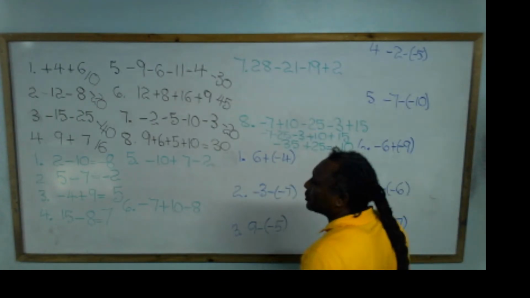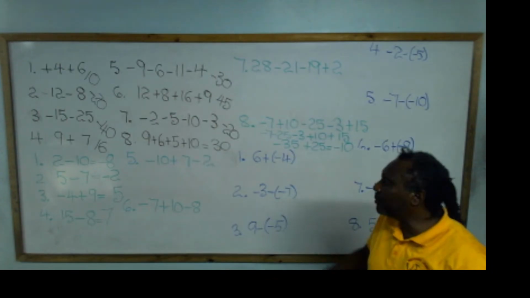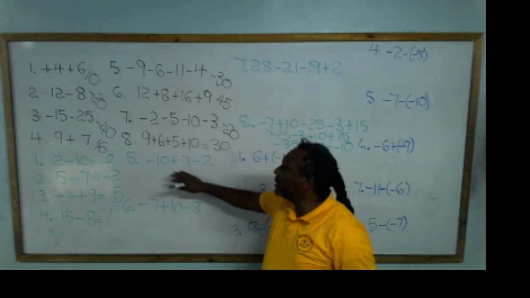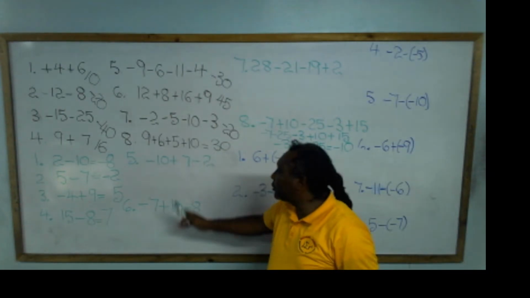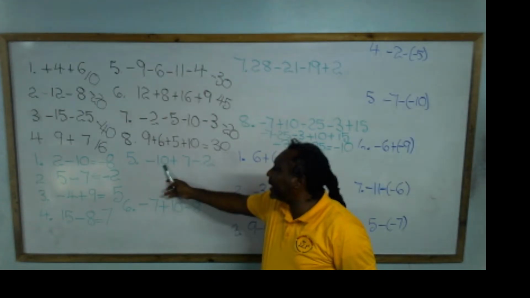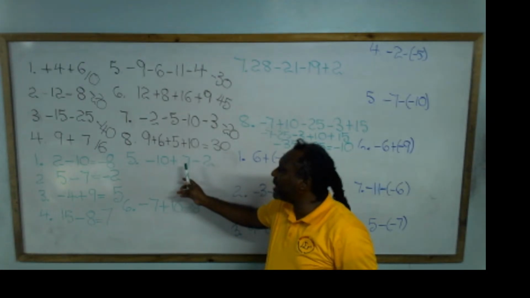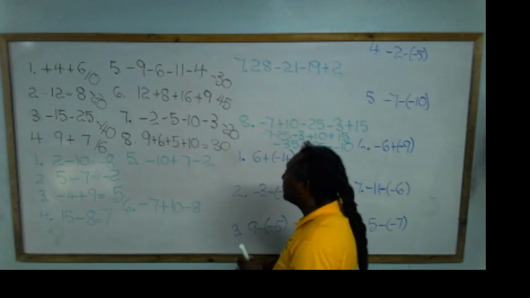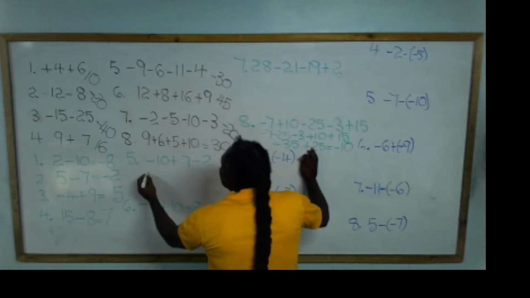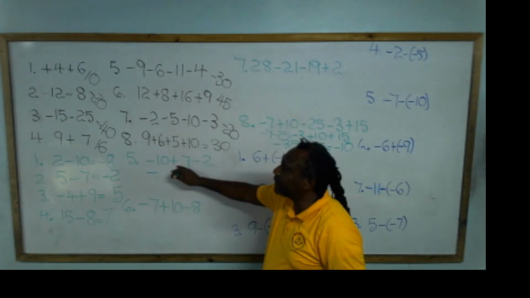So this is how some students would do it. They wouldn't bother to put the two negatives together. The students would say negative 10 plus 7. So it will be a negative 10 with a positive 7. So that is going to be a negative number. Because we're adding numbers with different signs, we subtract.